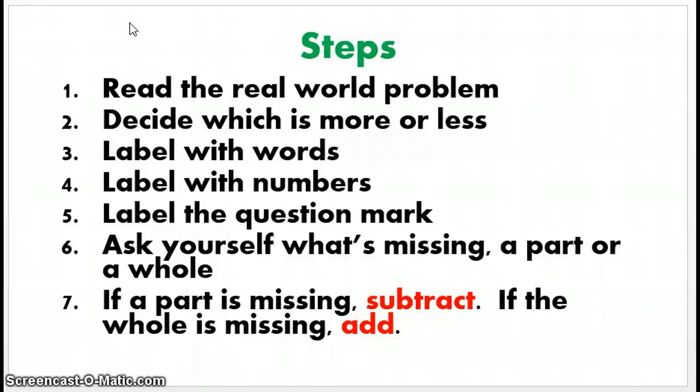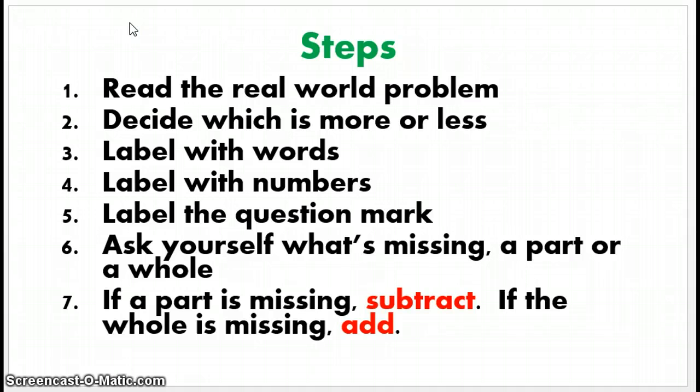Number 2, decide which is more or less. Number 3, label with words. Number 4, label with numbers. Number 5, label the question mark. Number 6, ask yourself what's missing, a part or a whole. Number 7, if a part is missing, you subtract. If the whole is missing, you add.